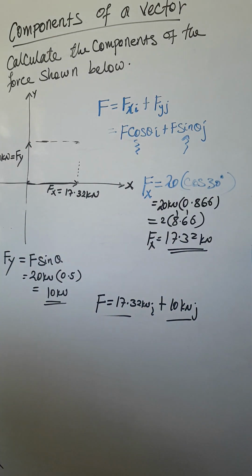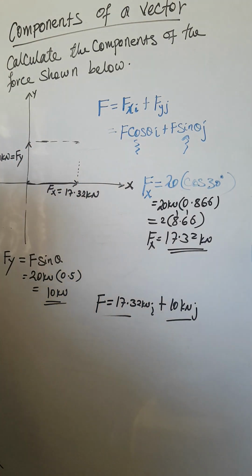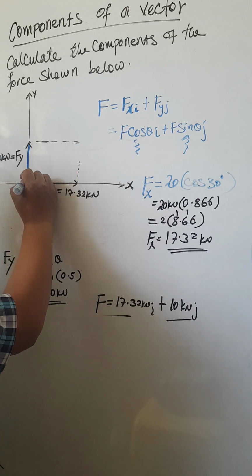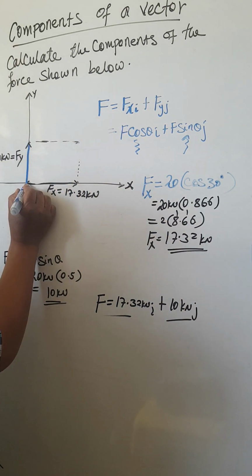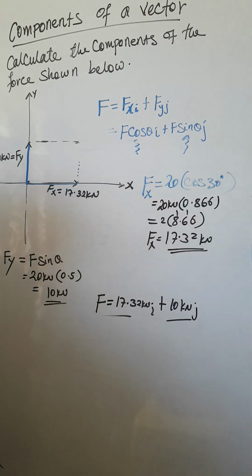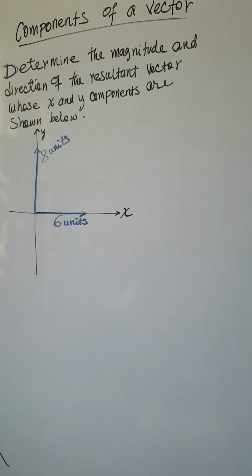This is how we resolve a force into its components. This is a 10 kilonewton vertical force and a 17.32 kilonewton horizontal force, which are the components of a 20 kilonewton force making an angle of 30 degrees from the horizontal.